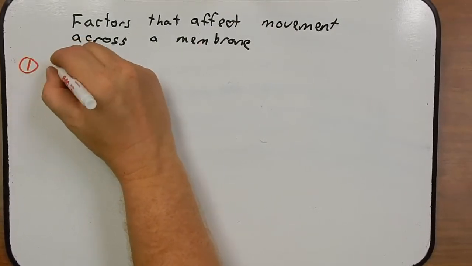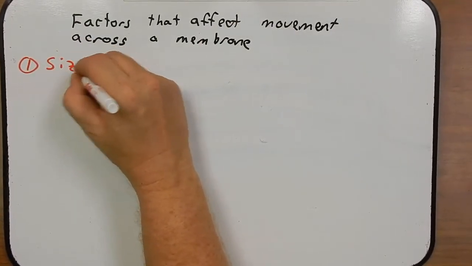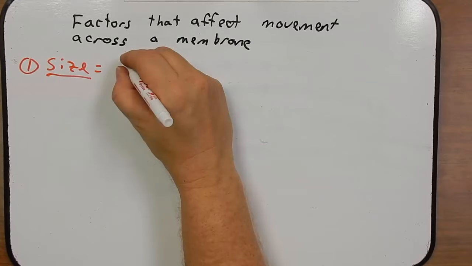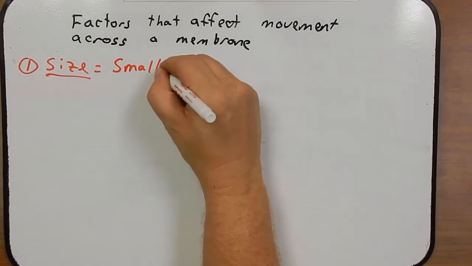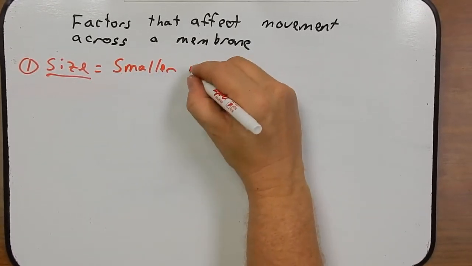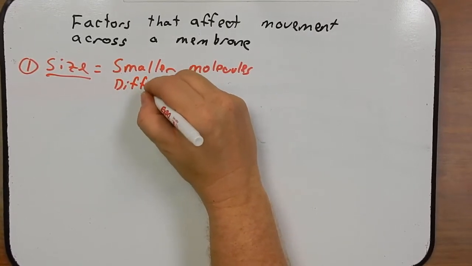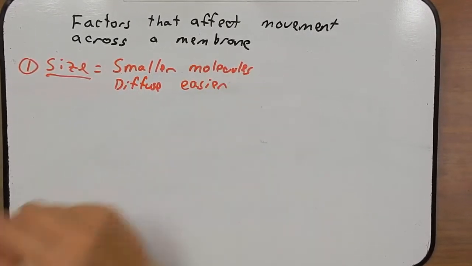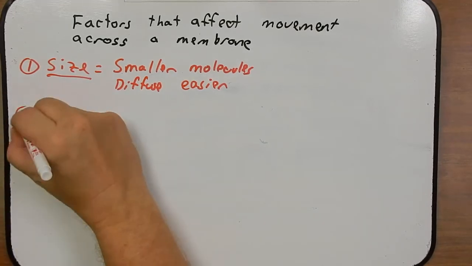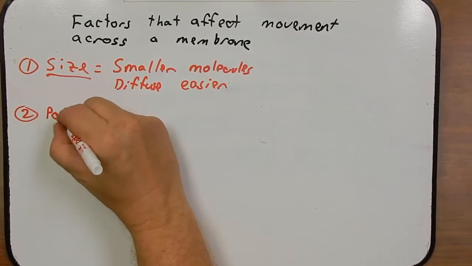Okay, the first one is size. That might not seem too surprising, but we know that smaller molecules diffuse easier than larger molecules. The second factor is polarity.